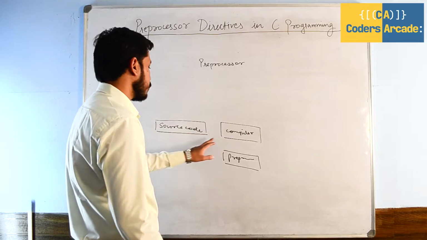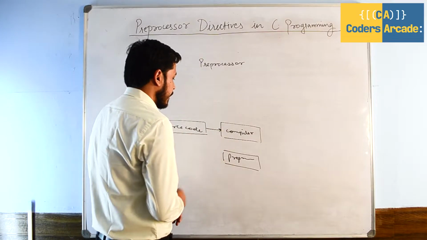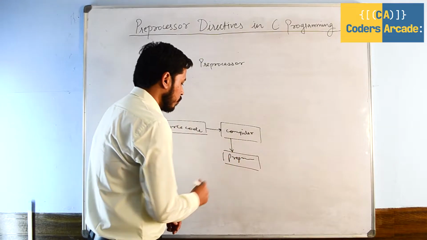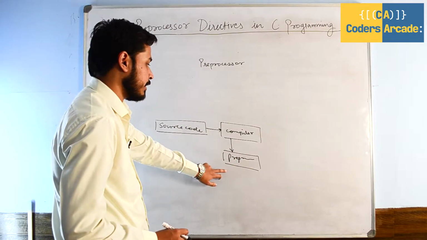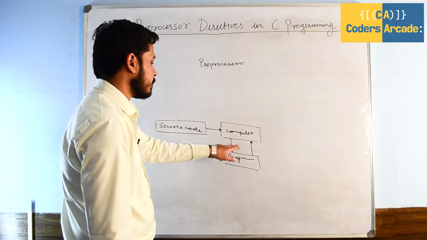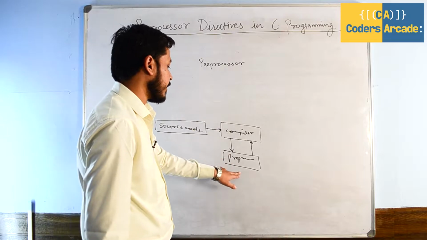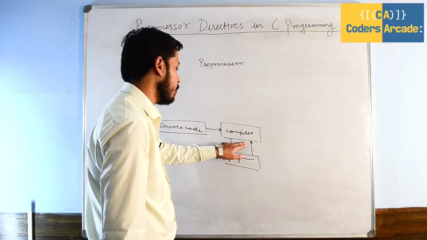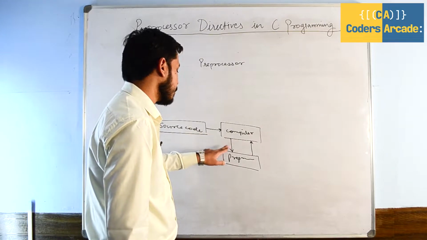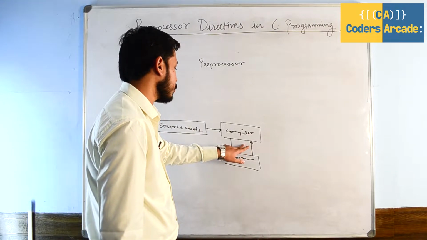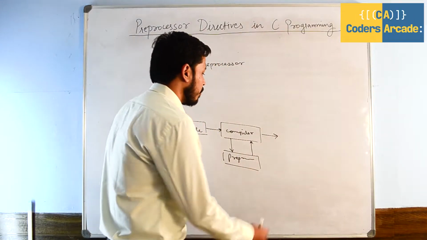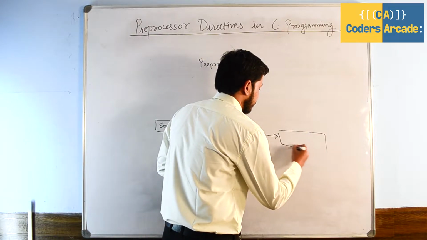First the source code will go to the compiler, and then this source code is first preprocessed by this preprocessor here, and then this code will go back to the compiler, and the source code that is already preprocessed will be compiled now. Here, the source code will not be compiled directly, but only after preprocessing. Then this code will be in the final form of assembly level language code.